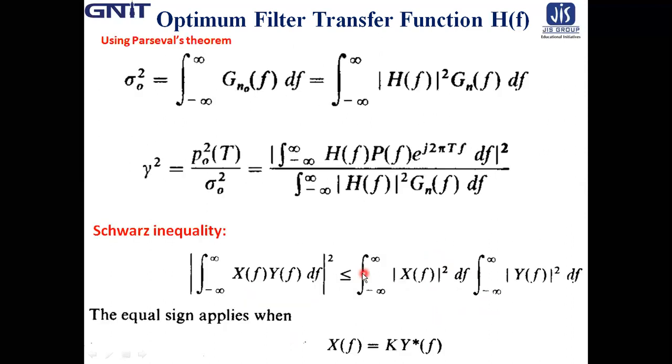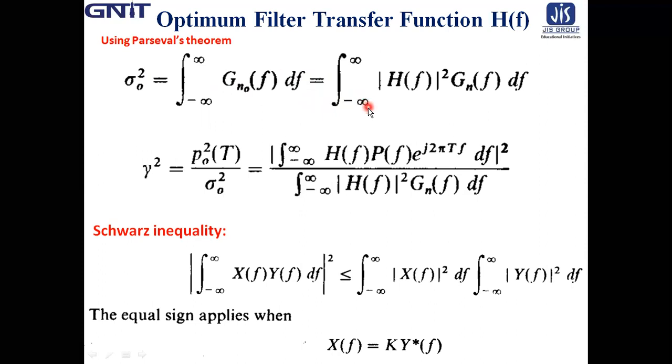Now, using Parseval's theorem, we find that the normalized output noise power, that is the noise variance sigma 0 square, is the integral from minus infinity to plus infinity of Gn0(f) df.